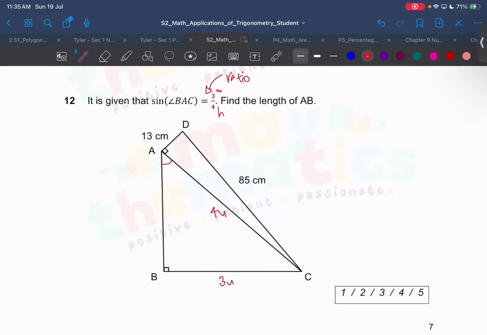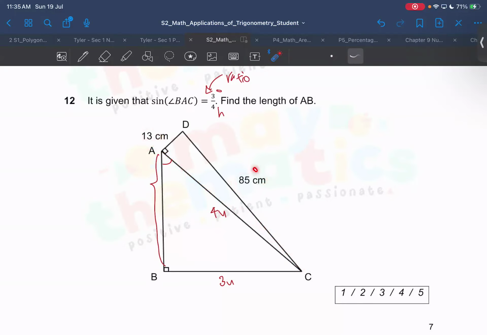Okay, so find the length of AB. Yeah. What will I do? I have a right angle triangle here. I also have the length of two sides. Can I find this AC? Can I find AC or not? Because I need to find out what 4 unit represents what in the actual length. So how?